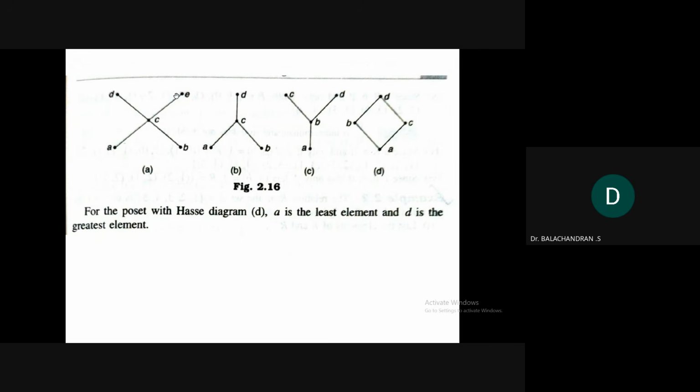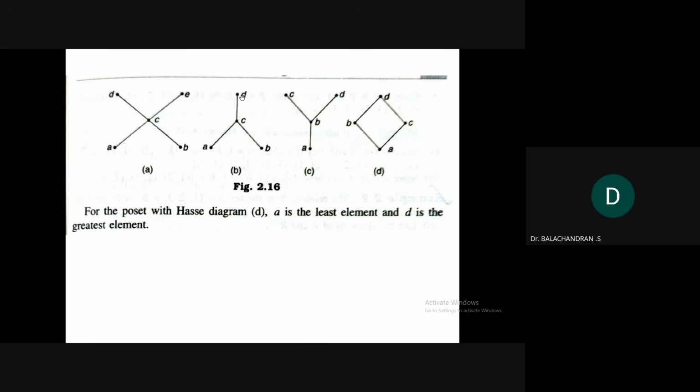A poset can have more than one maximal member, and similarly more than one minimal member, whereas greatest and least members, when they exist, are unique. This is the greatest element, it is unique. This is the least element, it exists and it is unique.